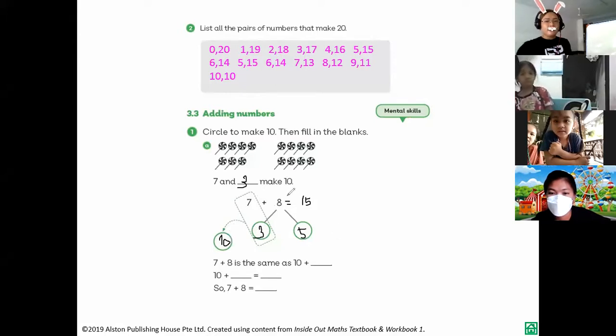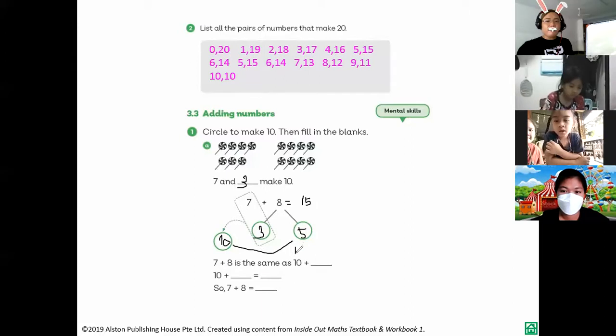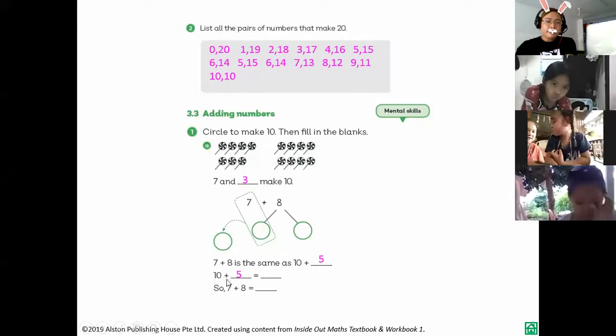Okay, very good. So 10 and 5, 10 and 5 make 15. So you're right: 3 here, and then 5 here, and 15 here.